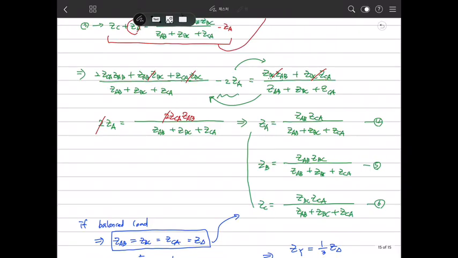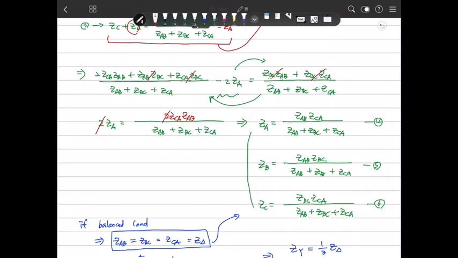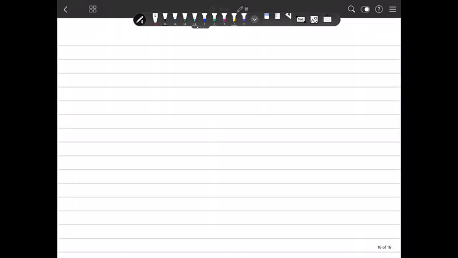This equation shows us the transform from the delta to Y. Now we want to get the case of Y to delta.